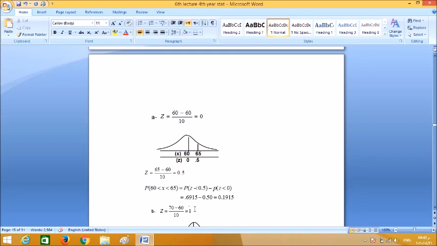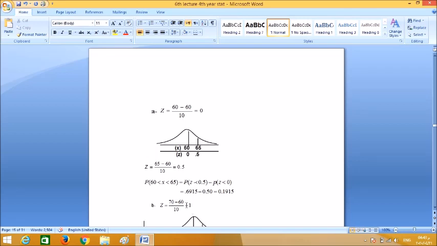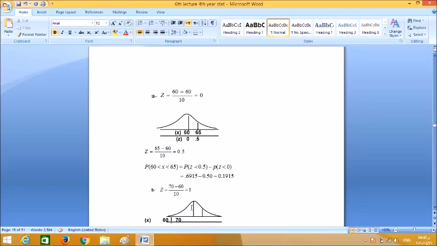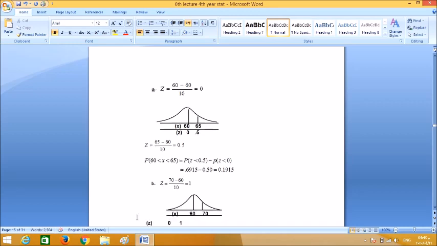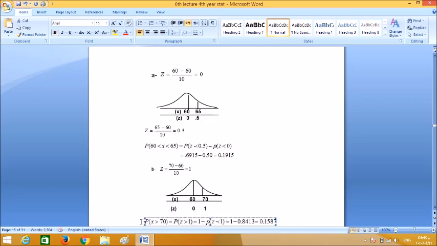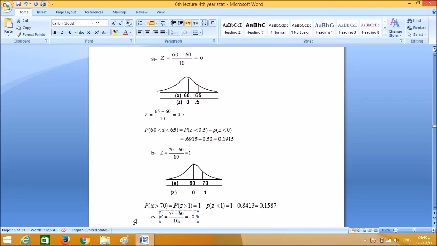Number B, Z for x equals 70, Z equals 1, and the probability that x is greater than 70 looks like, instead of x put z equals 1, P of z greater than 1.